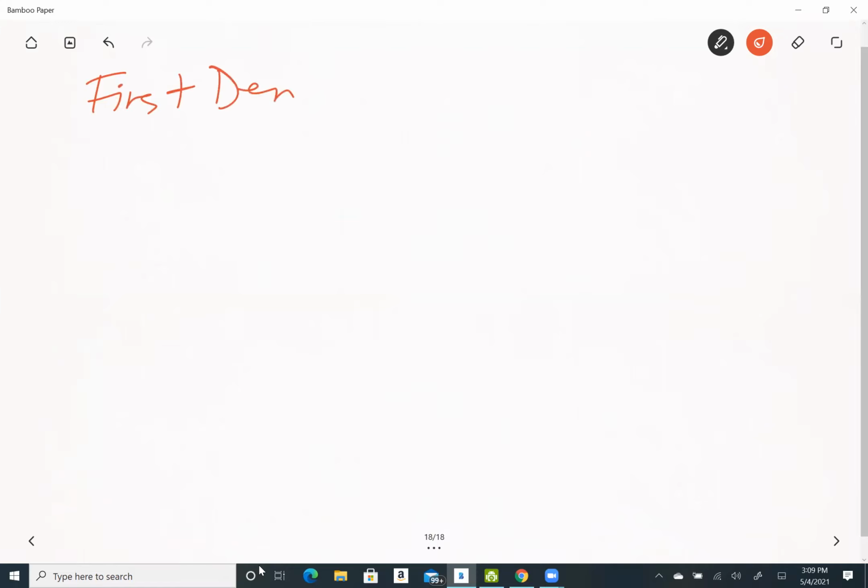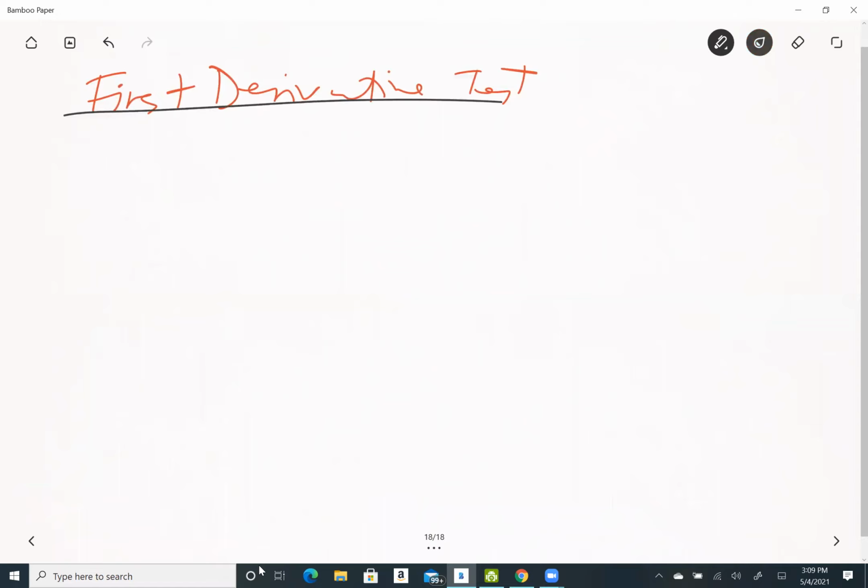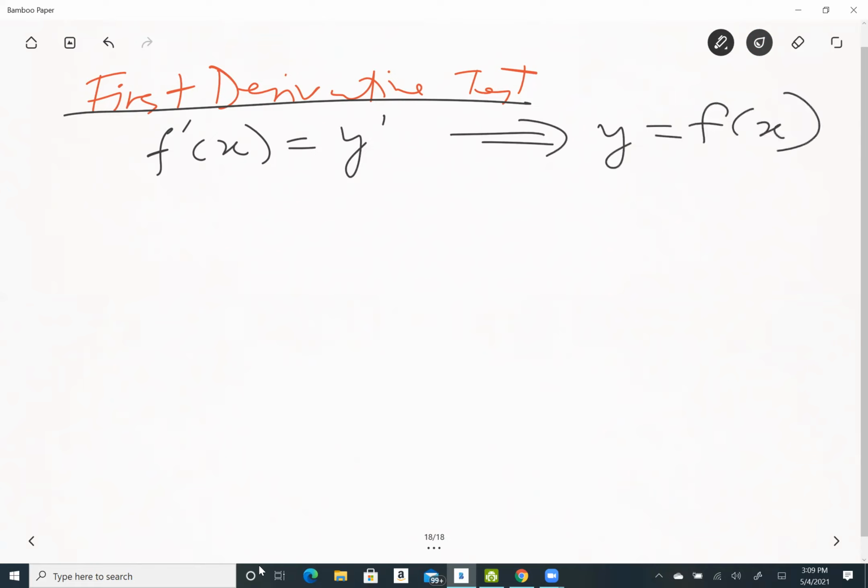That means you want to relate, okay? You want to relate. So here I give you this general idea first, right? We want to relate the behavior of the f prime of x or y prime to the function. How does the behavior of the y prime relate to the behavior of the function?